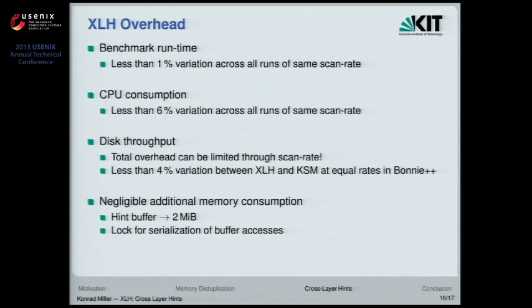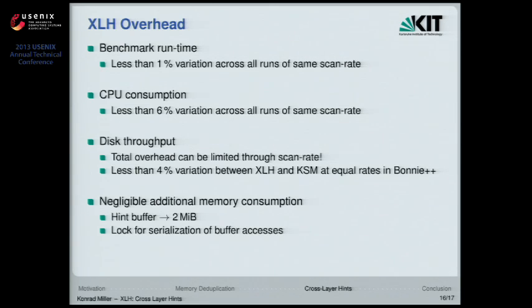But when you compare KSM and XLH, we also only see an increase of less than 4% when running a file system benchmark at our aggressive scan rate, such as Bonnie++. And this shows that our hinting mechanism is actually very, very scalable, very, very fast. We don't lose a lot by intercepting the I/O and storing all I/O in our buffer.